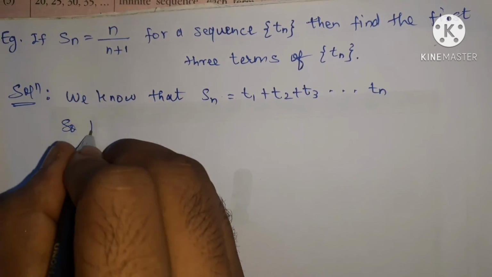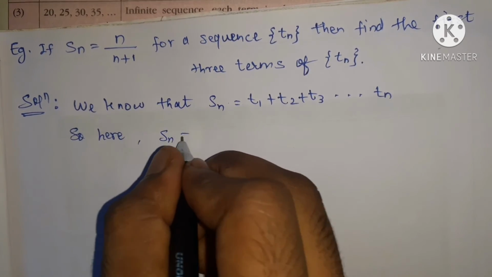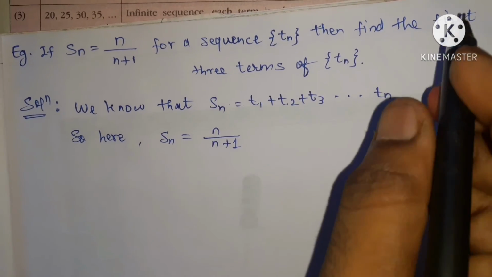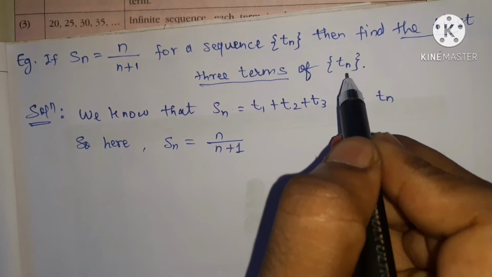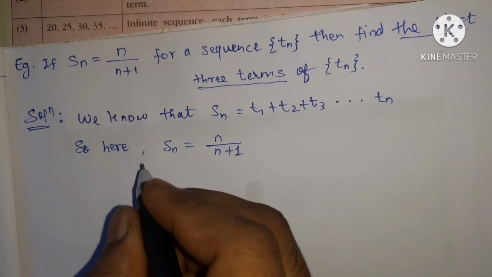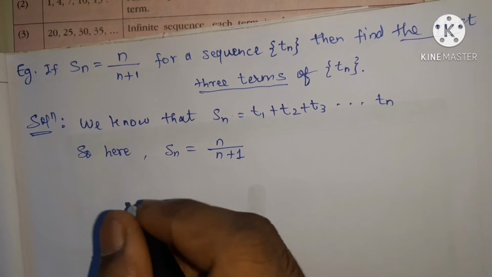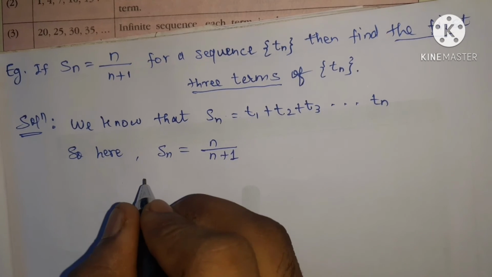So here, what is given? Sn is given as n upon n plus 1. Here we have to find the first 3 terms of the given sequence. For that we have been given an equation, just we have to put numbers.